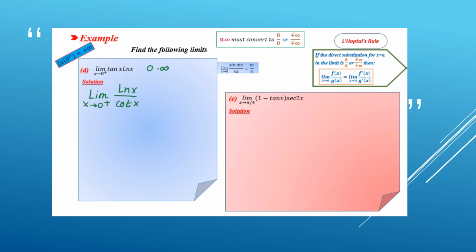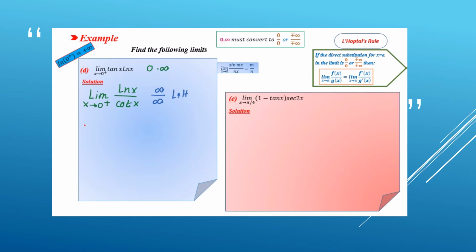Now again, by direct substitution of 0, you will get ln of 0 from right equals infinity divided by cotan of 0, which is cosine of 0 over sine of 0, which is 1 over 0. That gives us infinity. So we have to use L'Hopital's rule directly because the direct substitution is infinity over infinity.